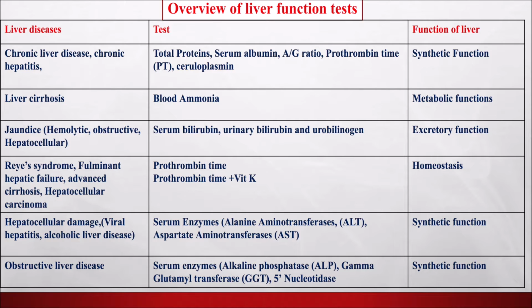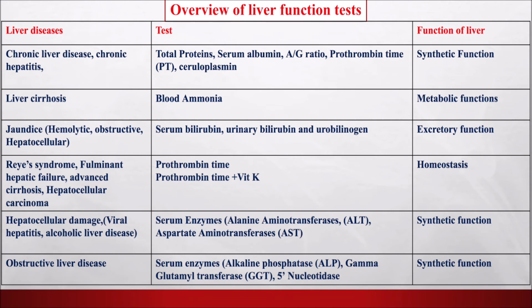The second function of the liver, which we have discussed, is the excretory function. The liver, as I have told, is the site for the metabolism of various drugs, and it is also the site for the excretion of toxic metabolites. This excretory function of the liver is altered in diseases like jaundice as well as other conditions.